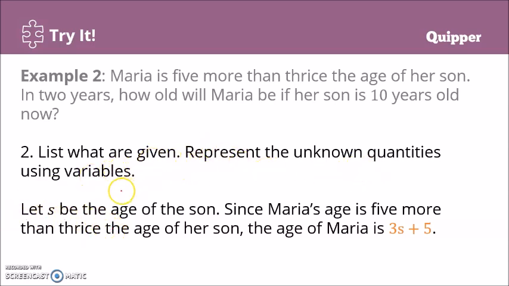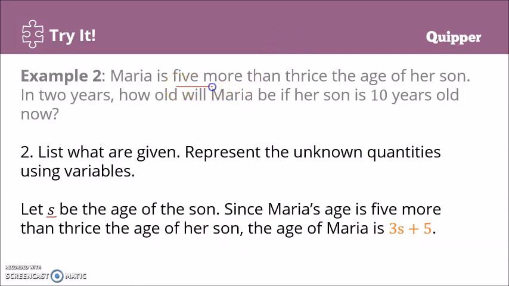Represent the unknown quantities using variables. So, we can use S, be the age of the son. Bakit S, ma'am? Pwede ring X, pwede naman kahit na anong variable. Kaya lang mas maganda kasi son, S. Since Maria's age is 5 more than thrice the age of her son, the age of Maria is 3S plus 5. Bakit?